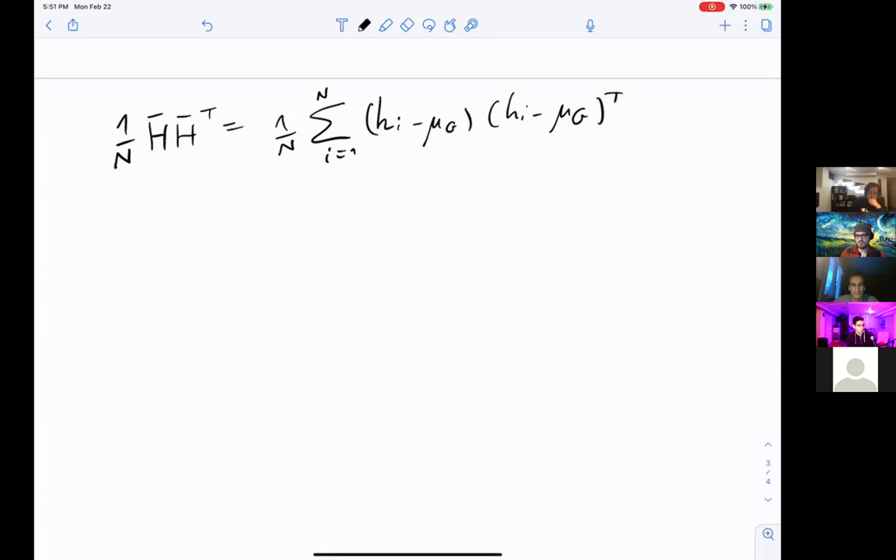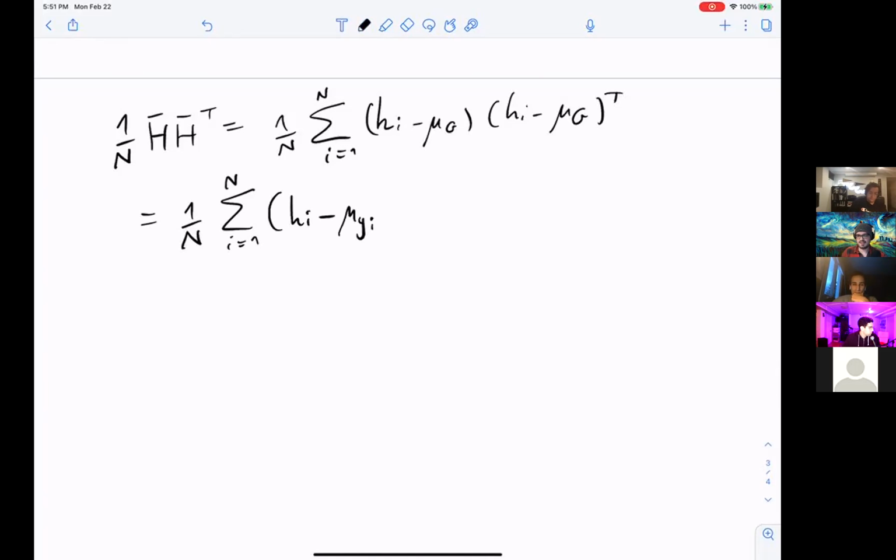Now, notice that we can do a trick that I would suggest writing on your hands as well. This is one of the useful tricks. So what I'm gonna do is I'm gonna add and subtract mu yi.